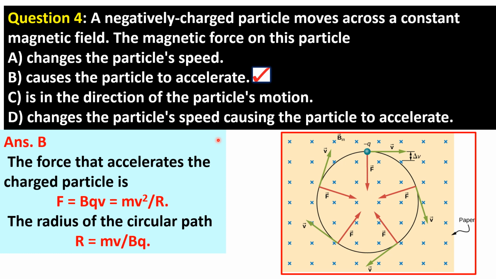But since it's always directed to the center, hence the term centripetal force. So, letter A in our choices cannot be considered correct because it describes that the particle's speed is changing. That is not what is happening, because in a uniform circular motion, the tangential speed is always constant.